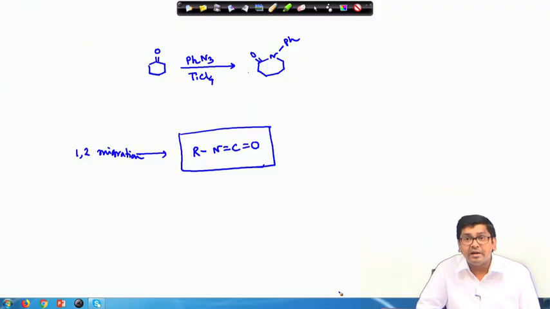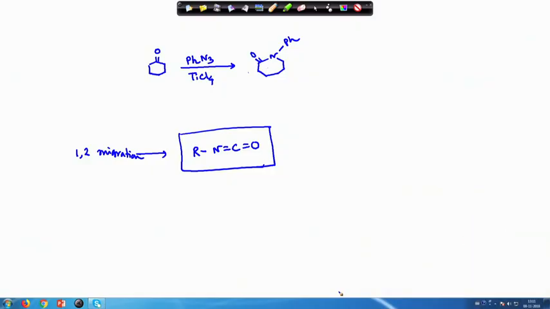Okay. Now, if we summarize these nitrenes, what did we find? This is a monovalent nitrogen species, isoelectronic with carbenes, and contains 6 electrons. These are highly reactive and generally electrophilic in nature, as they are electron deficient species, and they can be singlet or triplet.